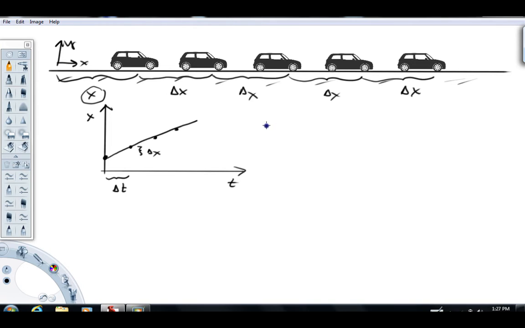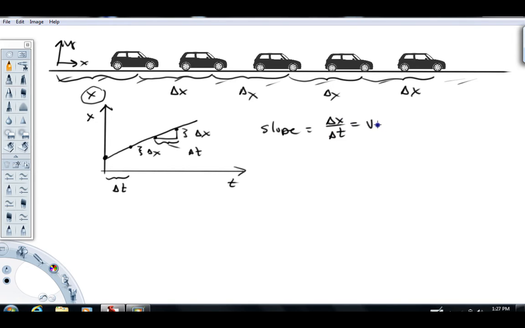And then the slope. Now remember, slope is rise over run. If I pick any two points on this graph, maybe say this one and this one, that is a delta x, that's your rise. This is a delta t, that's our run. Therefore the slope is going to be delta x over delta t.